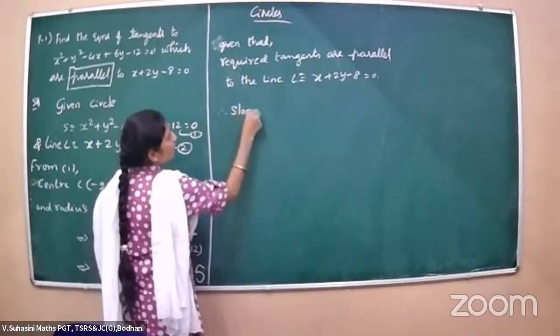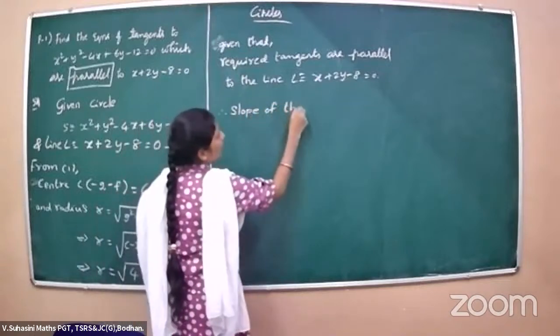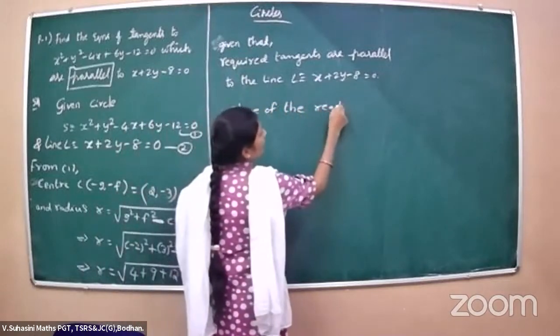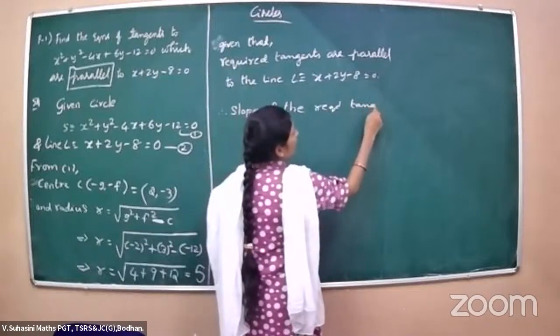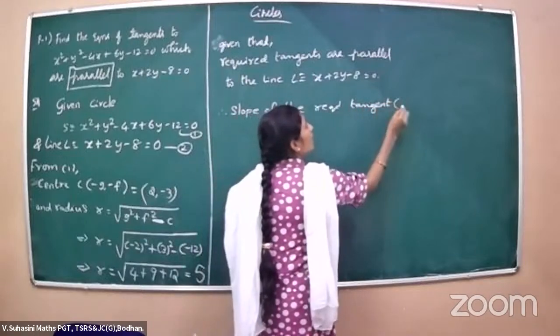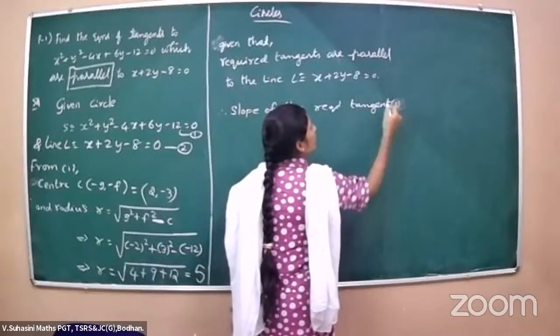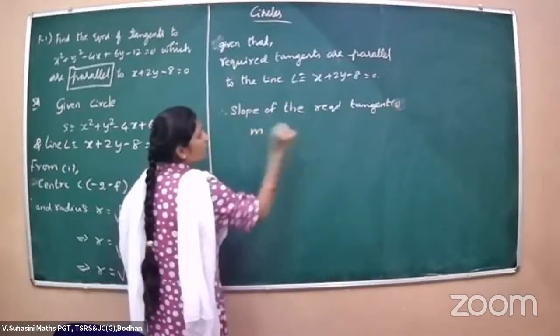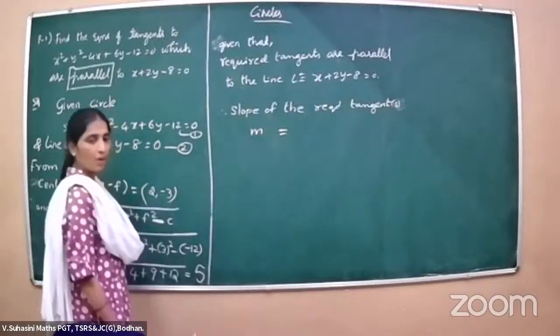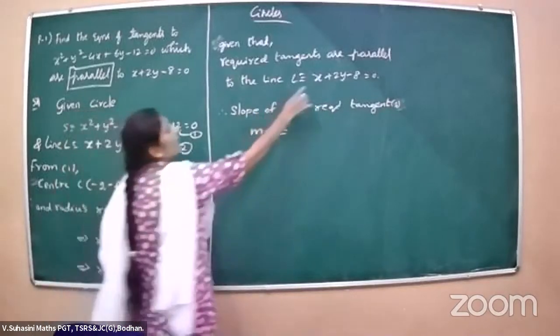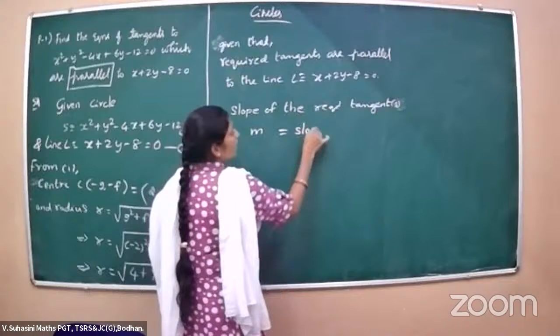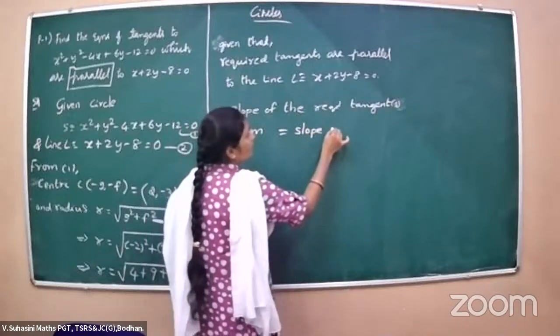Therefore, slope of the required tangents, M, is equal to... slope is denoted by M in the formula. What is the slope? It is the slope of this line, because the lines are parallel, slopes are equal.